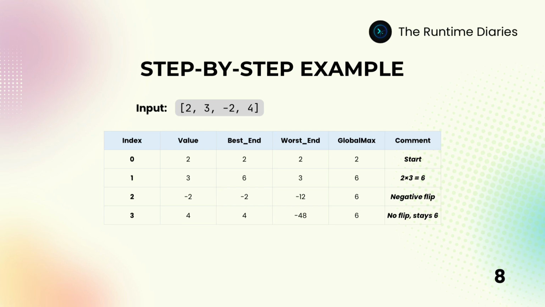Let's walk through it visually with the example input from left to right, 2, 3, -2, 4. At index 0, the best and worst are both 2. At index 1, multiply by 3. The best equals 6 and the worst equals 3. At index 2, we hit a -2.